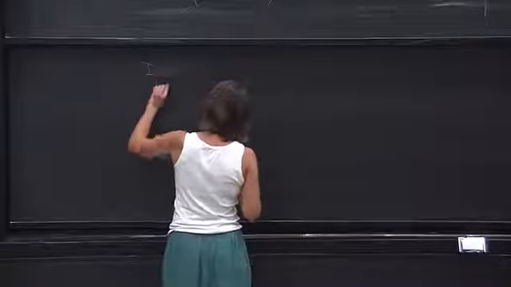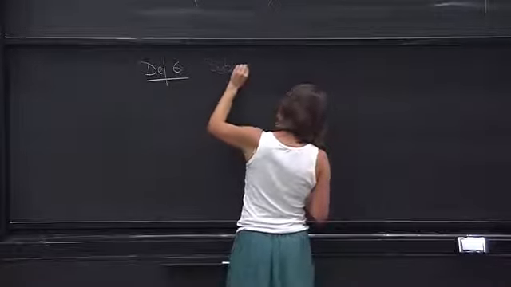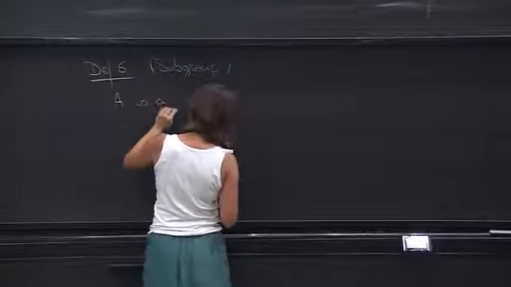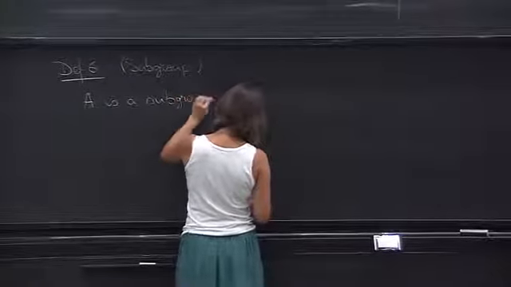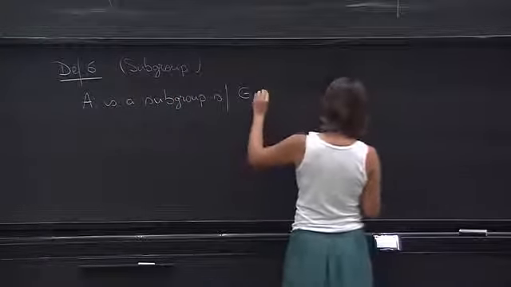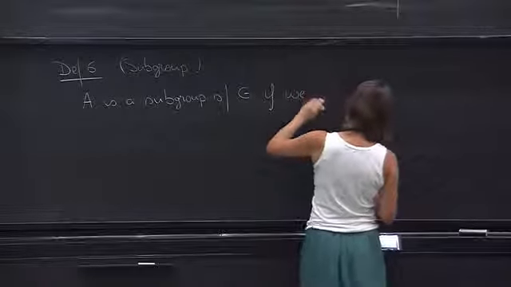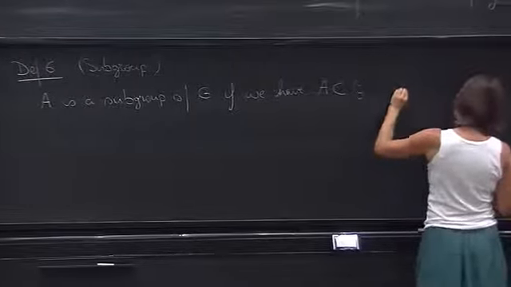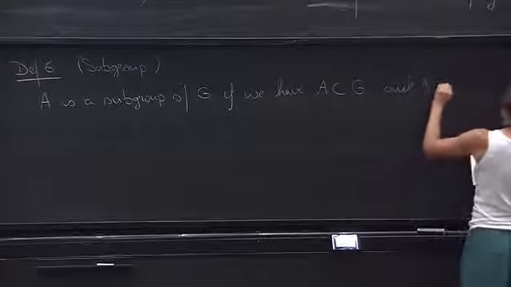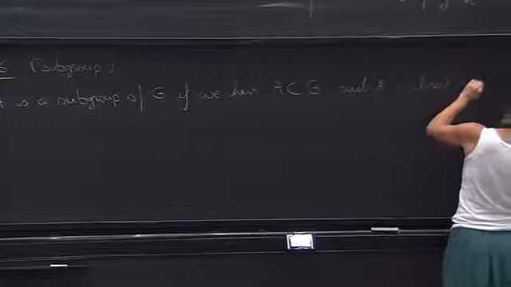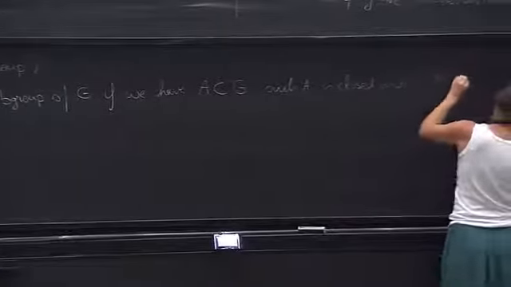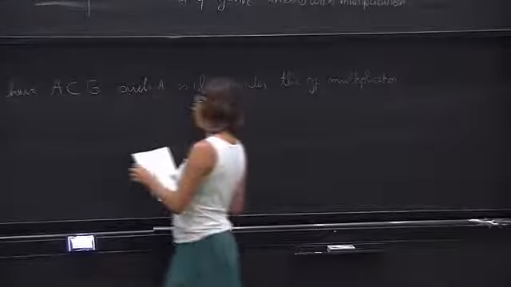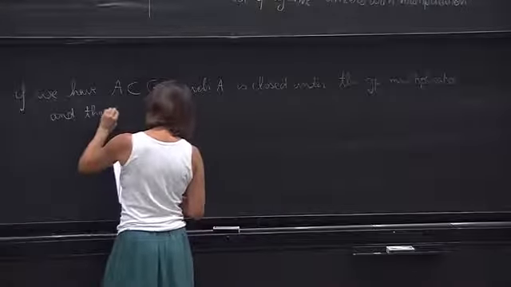Okay, so definition 6, a subgroup. We say that A is a subgroup of G. Of course, this means that first you need to have a subset of G, and then A can also be seen as a group, so it's also closed under the operation, the group multiplication, and the inverse of every element exists.